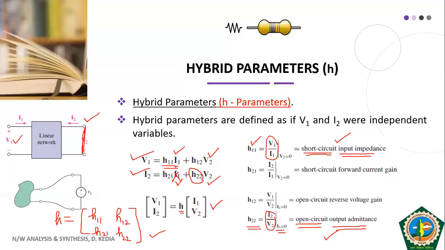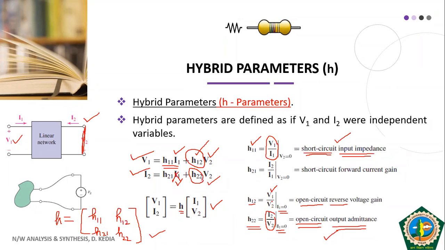Now let us move to H12. What is H12? Here we have to make I1 0. H12 is equal to V1 upon V2, given that I1 is 0. Since I1 is 0, we call it open circuit. And since it is from 1 to 2, we call it reverse, as we discussed in the previous classes.